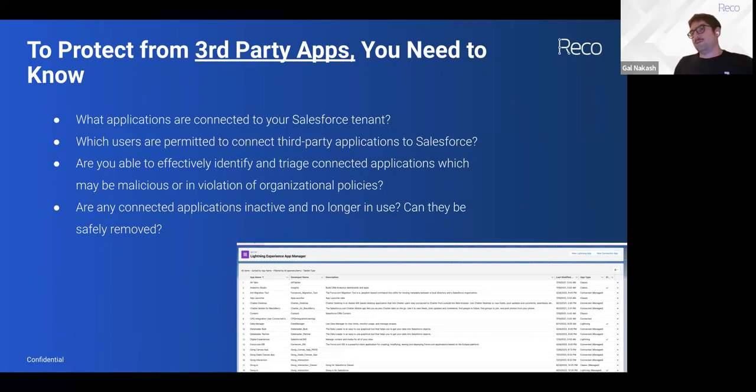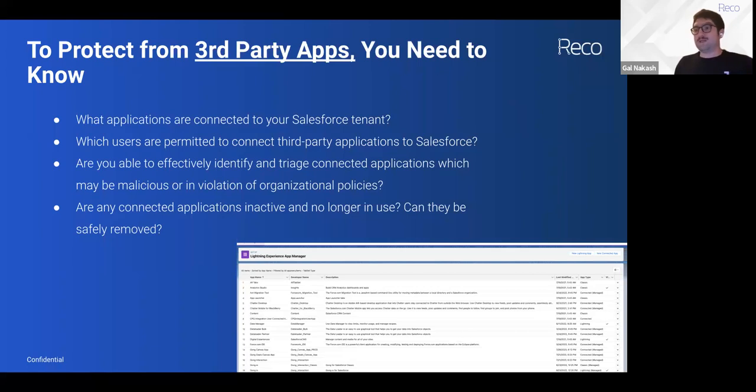For example, if an offboarded user integrated an application and this application is still active, it means the user is offboarded, but the third-party application still reads the data from Salesforce. So we also need to make sure that there are no inactive applications that are no longer in use, and that they can be safely removed.